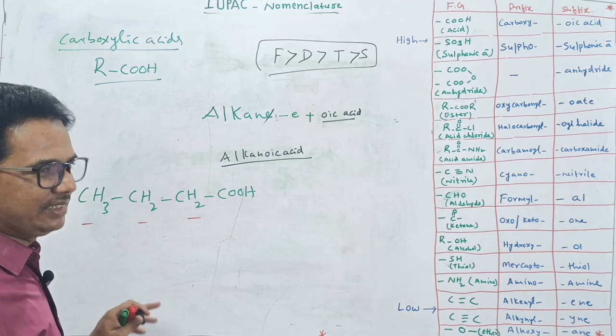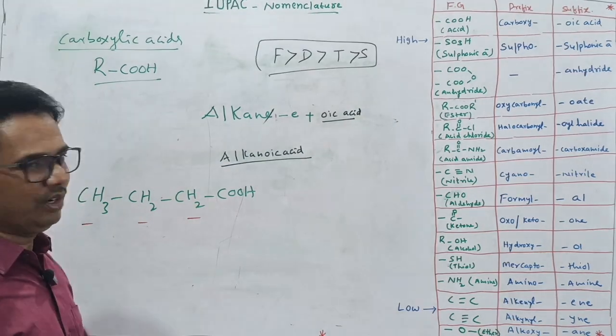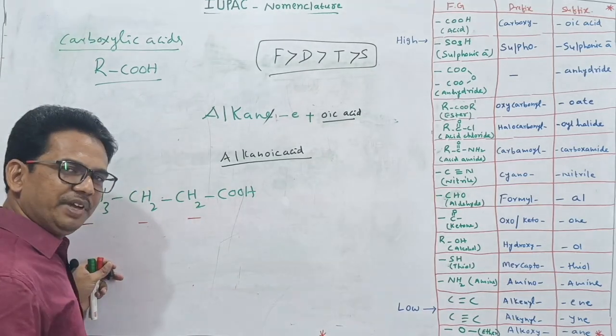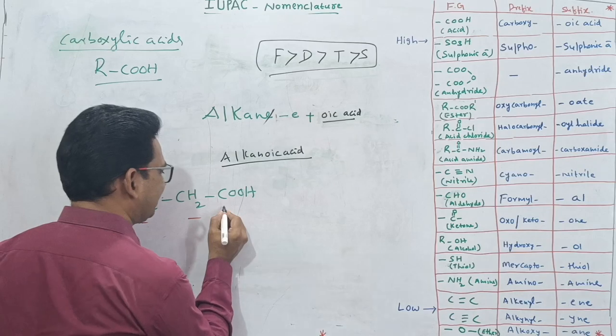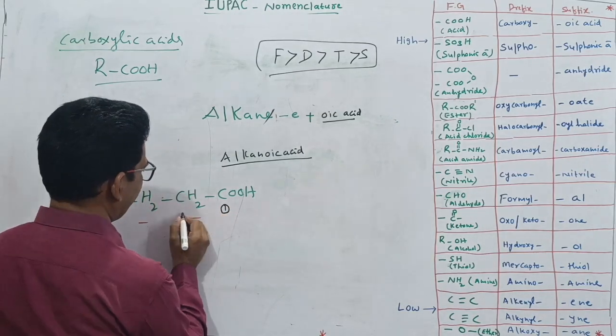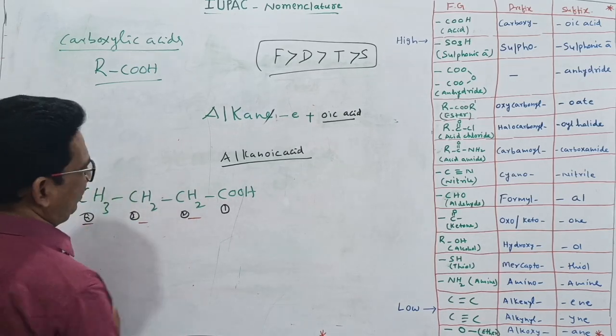Very simple, because there are no other substitutions and only one functional group, we start numbering from this carbon, and count this carbon also: 1, 2, 3, 4.